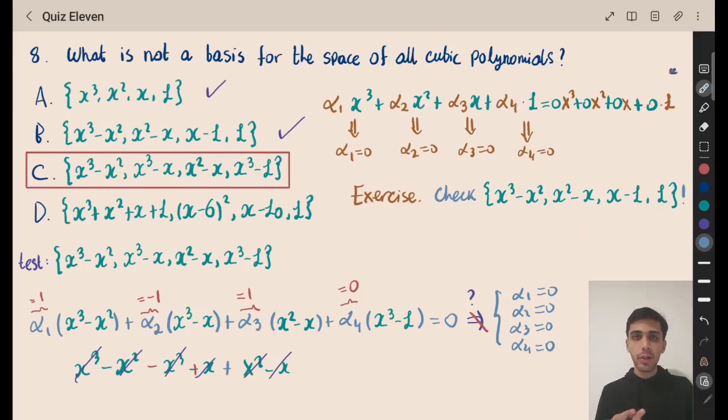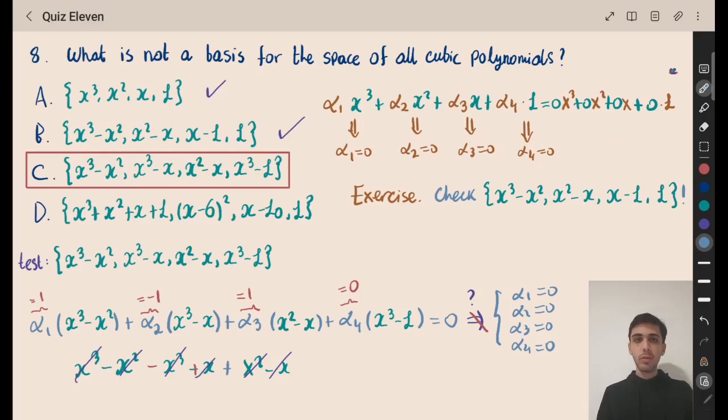The numbers are arbitrary. Don't focus on the numbers. When I say alpha 1, alpha 2, alpha 3, alpha 4, they're not important. I'm just saying some constant, and some constant, and some constant. And set it to be equal to the 0 vector in this format. And let me know if you get the implication that your alphas should be equal to 0.